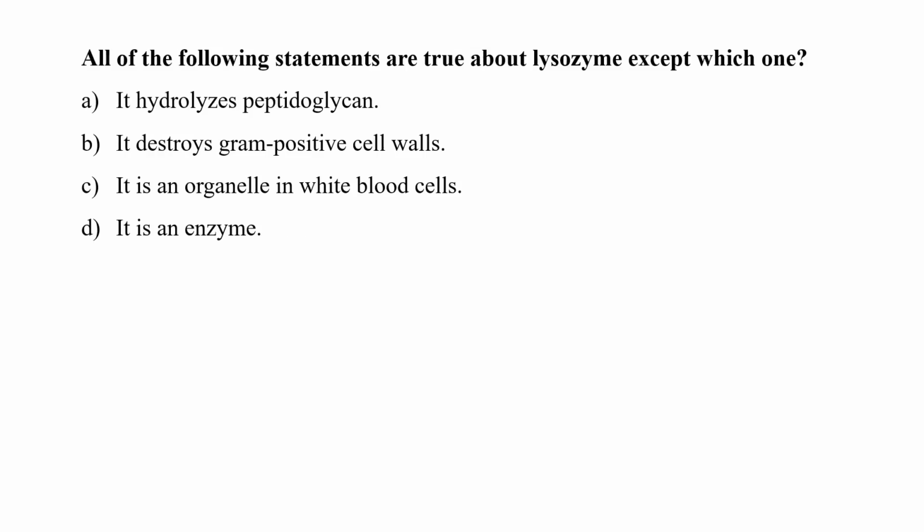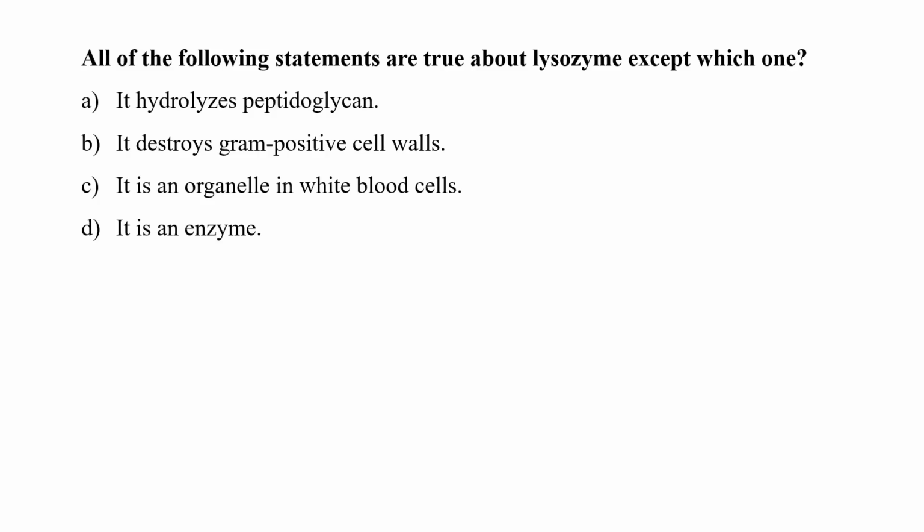All of the following statements are true about lysozyme except which one? It hydrolyzes peptidoglycan, it destroys gram-positive cell walls, it is an organelle in WBCs, or it is an enzyme. Lysozyme is an enzyme which is often present in body secretions like tears, saliva, or even milk. It hydrolyzes the beta-1,4 glycosidic bond between NAG and NAM of the peptidoglycan layer.